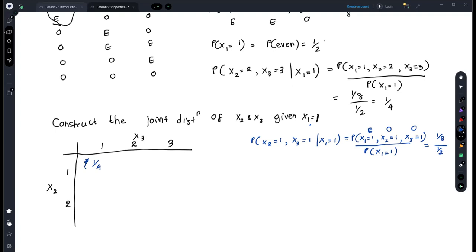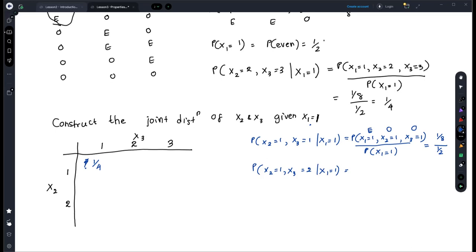Okay. Now try this one. What is the probability x2 equals 1, x3 equals 2, given x1 equals 1? Now think about this one. That means first roll you got an even, so x1 is 1. x2 is 1, remain at 1 means the second roll you got an odd one. So increment is 0, so still at 1.